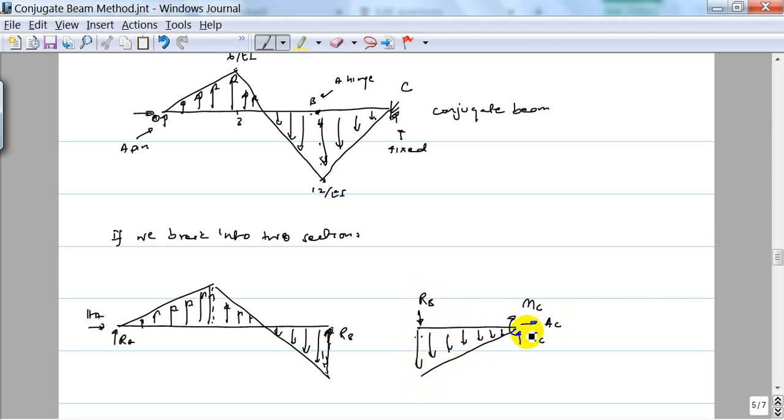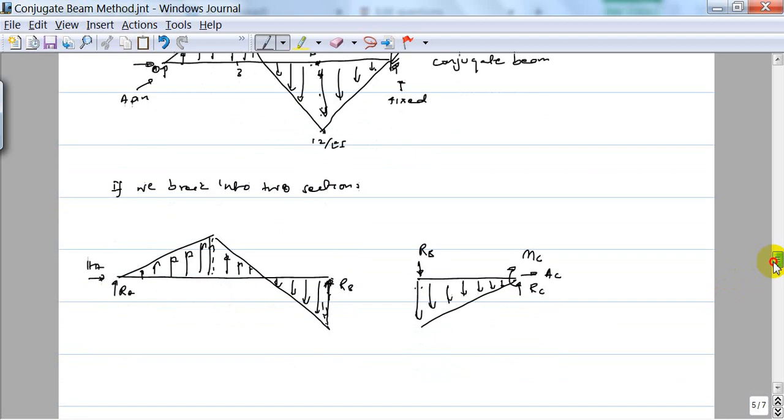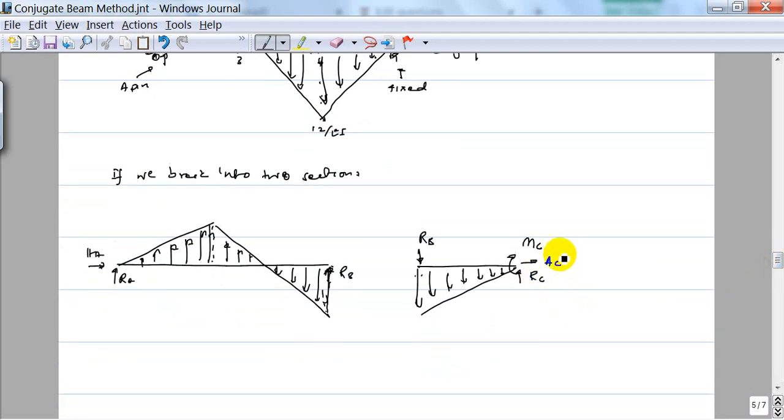So we need to find RC and MC, because RC is equal to the shear force at point C and MC is the bending moment at C. To do that I need RB. So I need to solve part 1 to get RB, then I can do part 2.